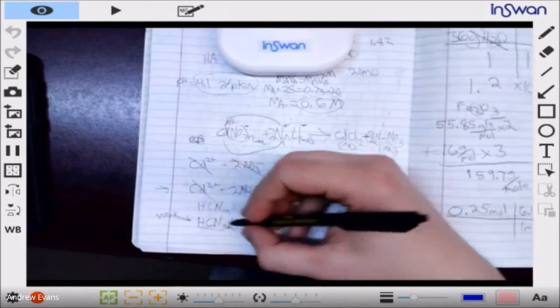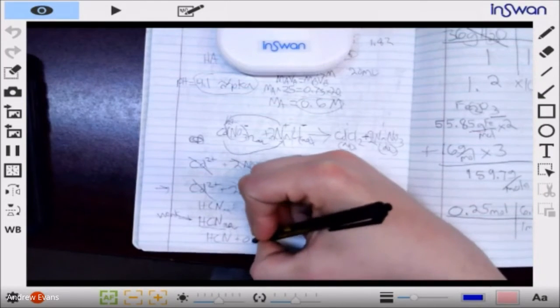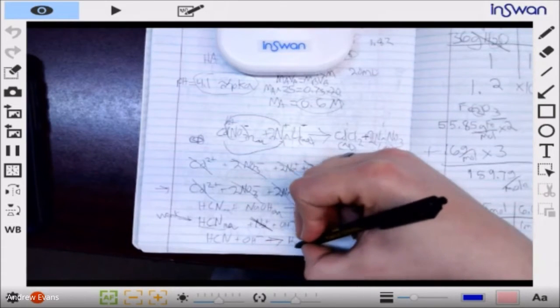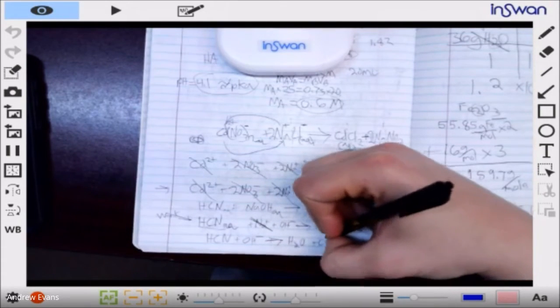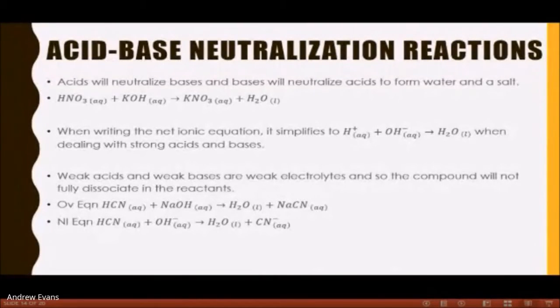So the net is really just HCN and OH minus goes to water and our cyanide. That's how we got the net. I just wanted to show all the work real quick. Essentially, the HCN, by nature of its weakness, doesn't actually split apart.